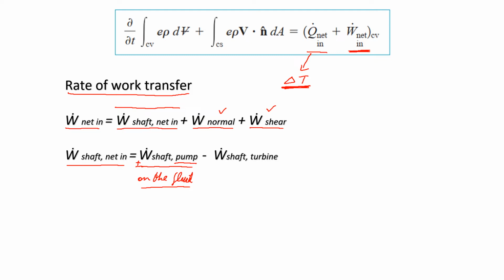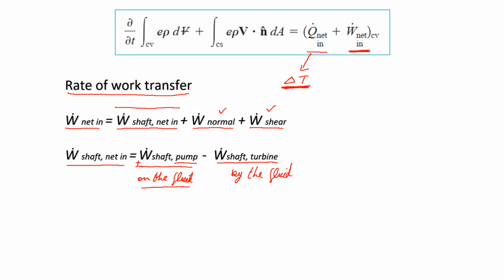And the other can be the work transfer from the fluid to the shaft. So if the fluid is working on the shaft, that is the case of a turbine, because in a turbine, as we have already discussed, the fluid does work on the turbine, which rotates and generates electricity. So that is the work done by the fluid.